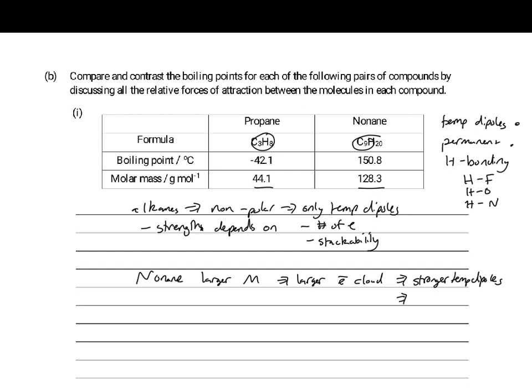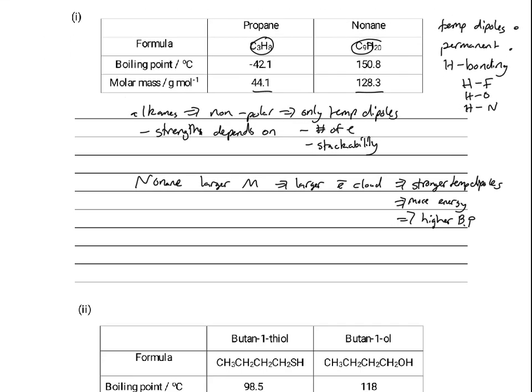So because it's got stronger temporary dipoles, it's got stronger attraction, more energy is needed to break or overcome the bond, and therefore it has a higher boiling point. Okay, so stronger temporary dipoles, this means the attractions are stronger, so more energy is needed to break, therefore it's got a higher boiling point.